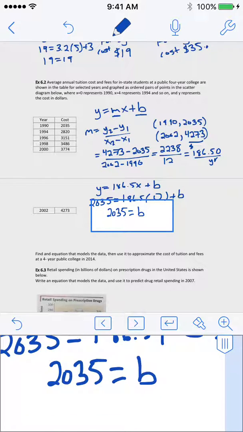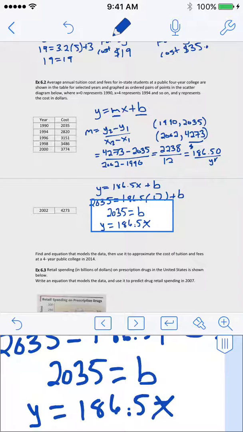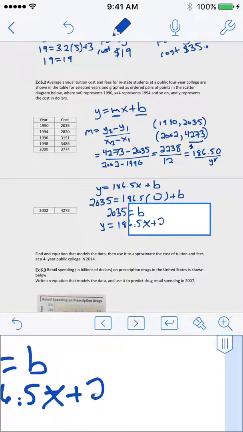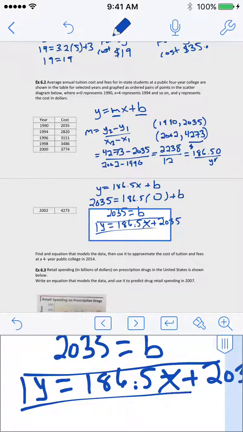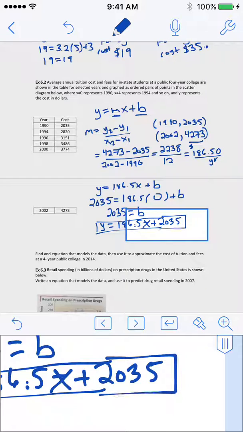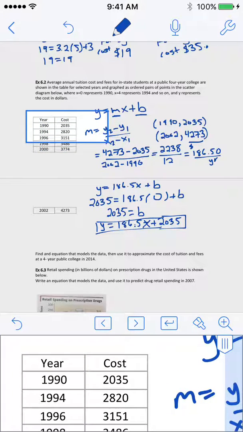And so I've got that. My equation is y equals 186.5x plus 2035. Alright, so we found our equation. And that 2035 means we start at 2035, which we do, right?